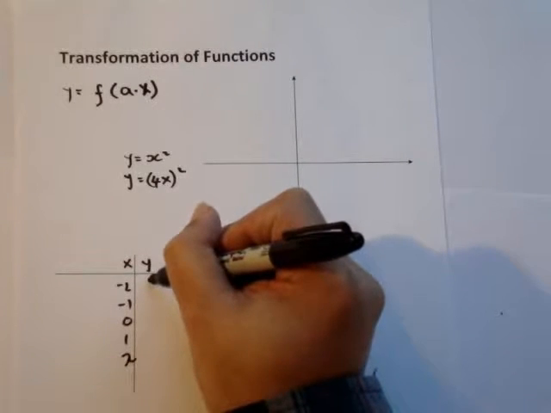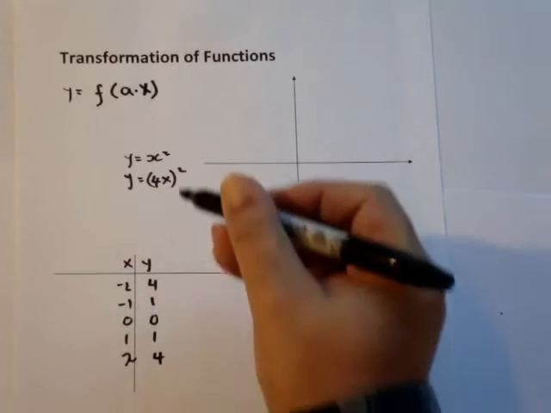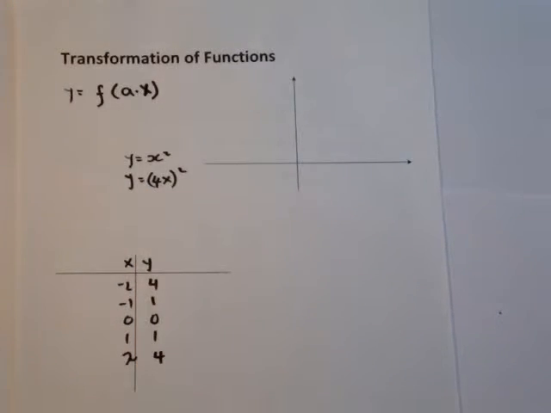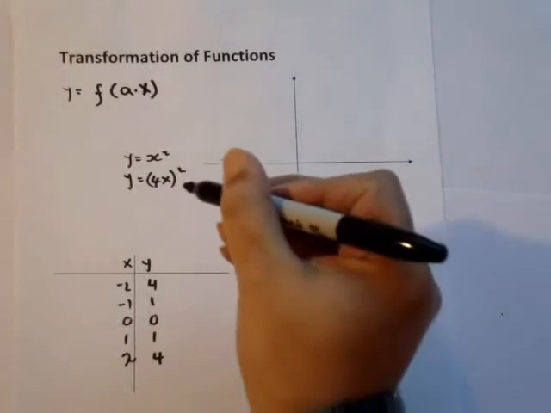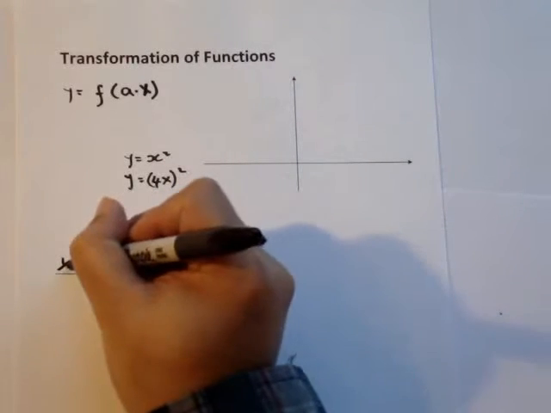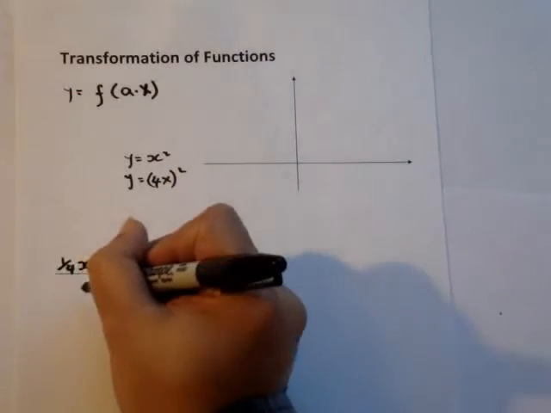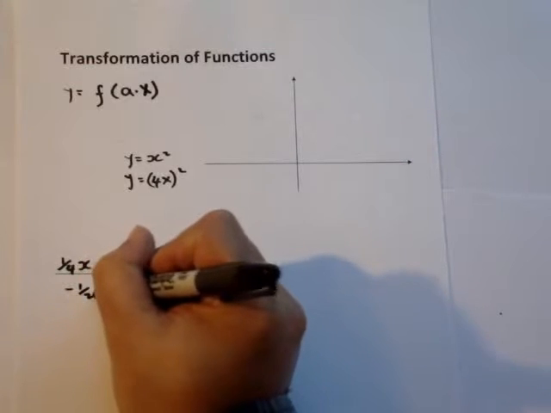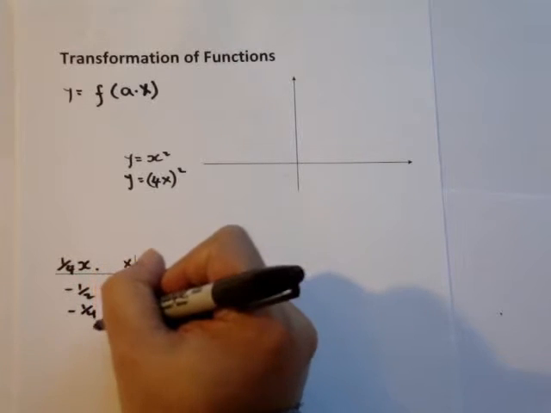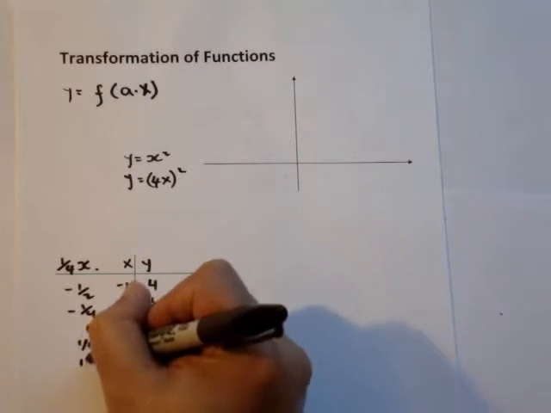For x squared we have 4, 1, 0, 1, 4. Now this affects our x, so we're going to multiply x by 1 over a, which is 1/4 x. So we get minus a half, minus a quarter, 0, 1/4, and a half.